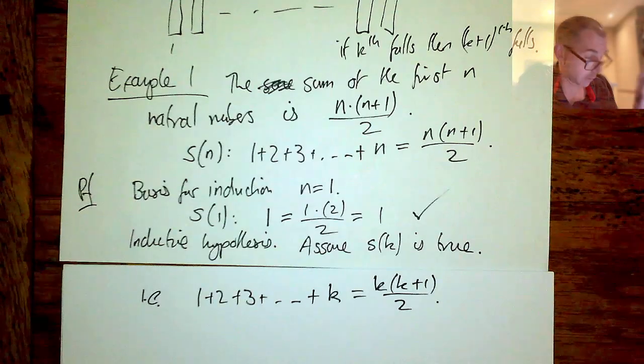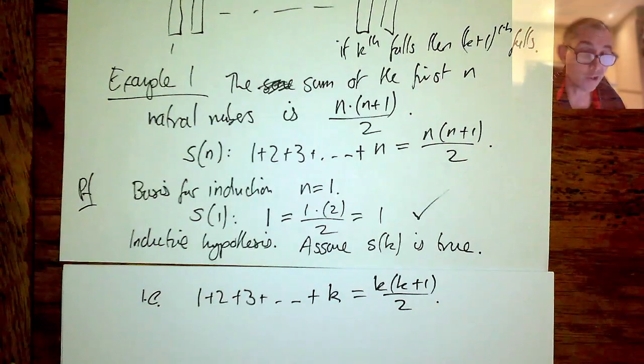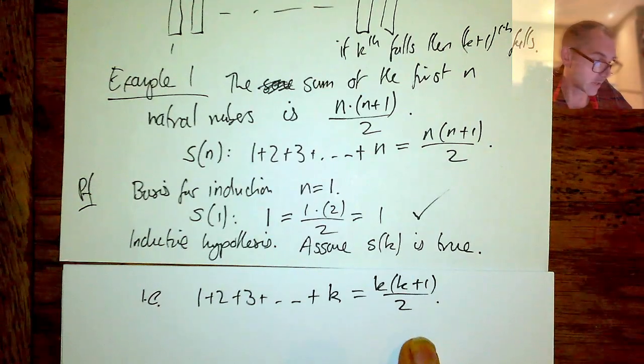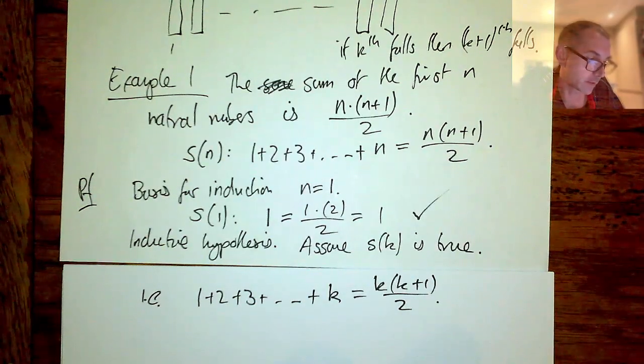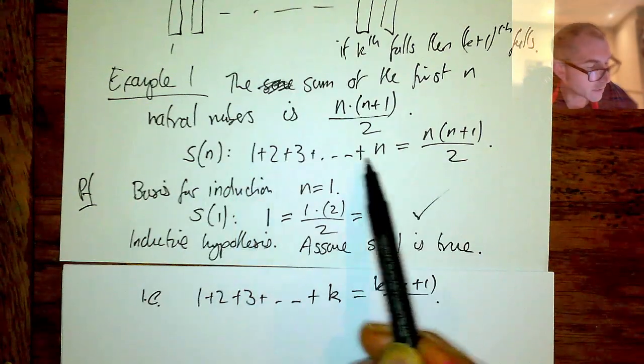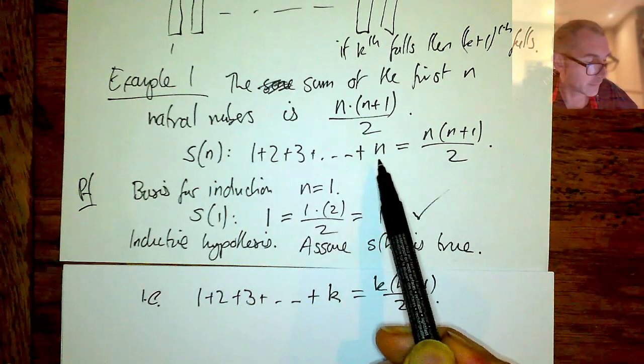Okay, so we're assuming that, and now we have to see how we can prove that S of k plus 1 is true. So what I want to do is take this thing that I've assumed and modify it in some way so that I can say something about S of k plus 1. If I want to say something about S of k plus 1, this sum needs to go all the way up, not just to k, but to k plus 1.